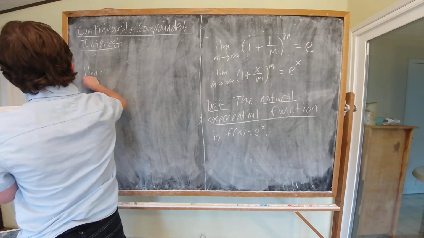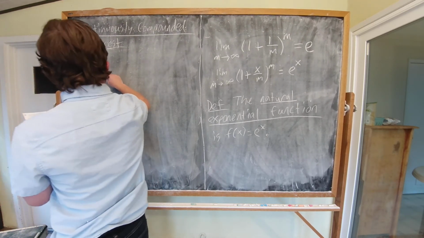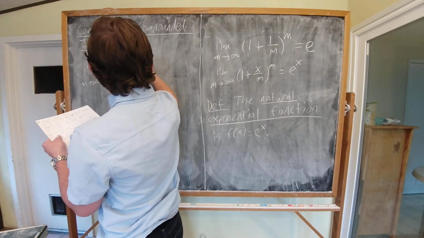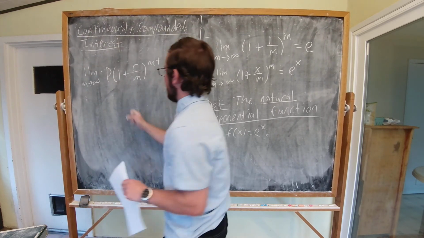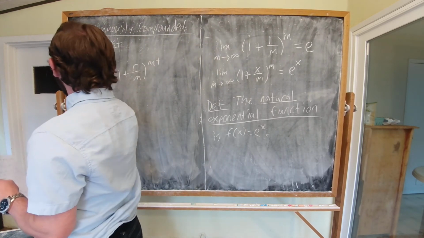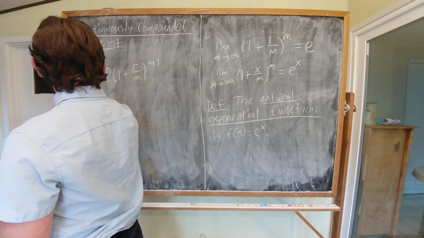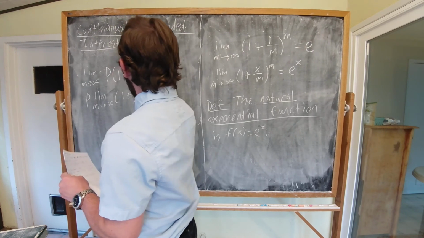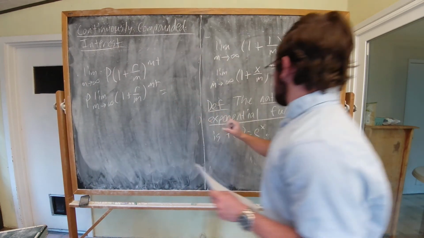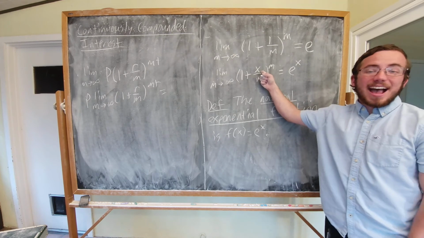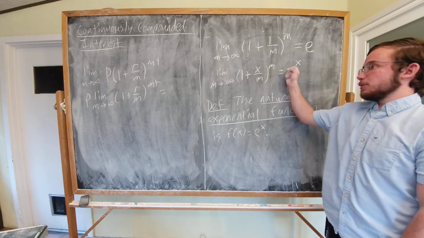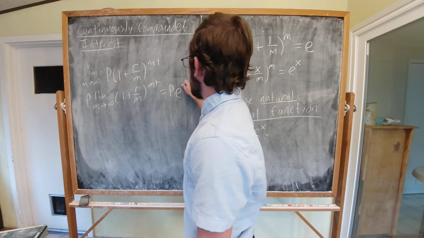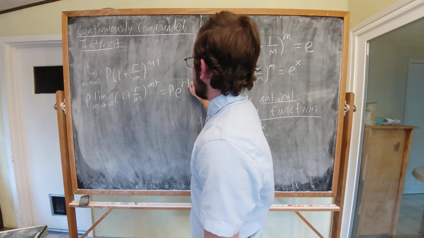The limit as m goes to infinity of P times (1 + r/m)^(mt). By our limit laws, P comes out, and this is equal to P times the limit as m goes to infinity of (1 + r/m)^(mt), which we've said that if we just had x instead of r, it would go to e to the x. So this is equal to P times e to the rt.